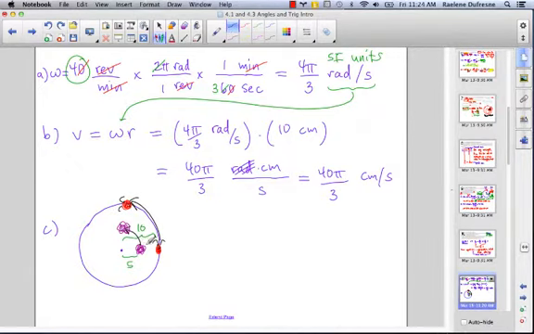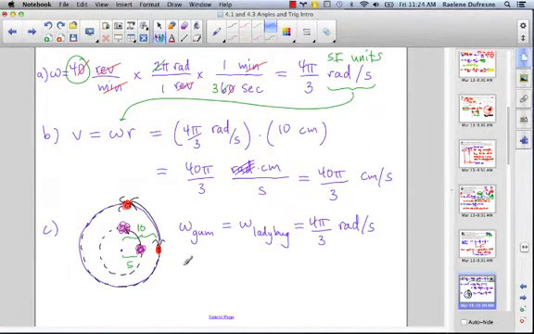But because the wad of gum is on a smaller circular path, because it's at a smaller radius than the ladybug, it is going to travel fewer centimeters and therefore have a different linear speed from the ladybug. So we can talk about the angular speed of the gum, and notice that it's the same as the angular speed of the ladybug, which is 4 pi by 3 rad per second.